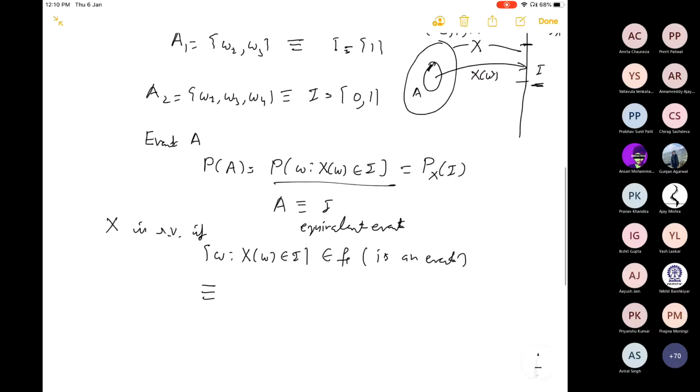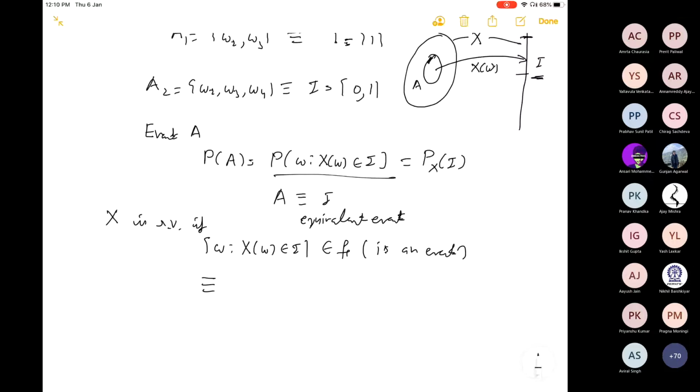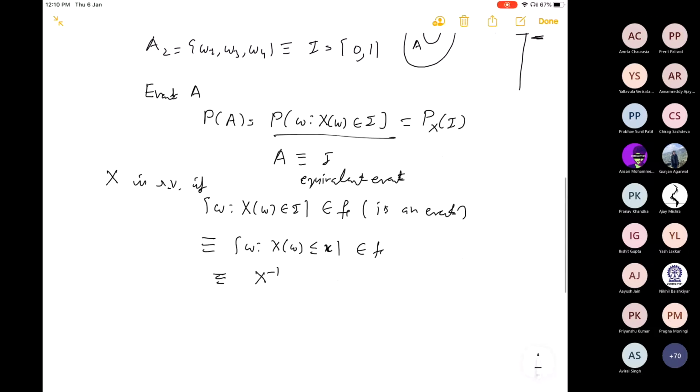This is equivalent to saying that the set of omega such that X of omega is less than or equal to x belongs to F. That means the same as X inverse of minus infinity to x is an event.